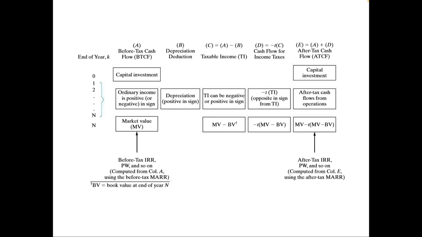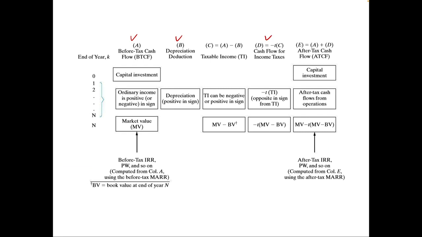And then we're going to use this table to calculate what is the after-tax cash flow based on the before-tax cash flow, based on the depreciation deduction system, and based on the tax rate, okay?